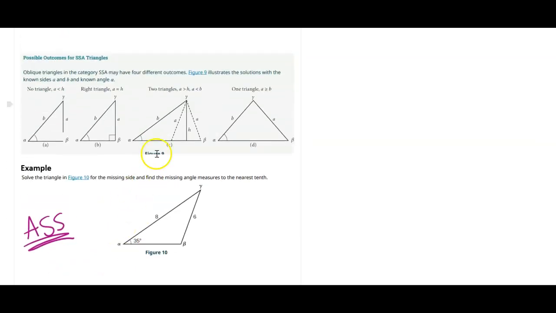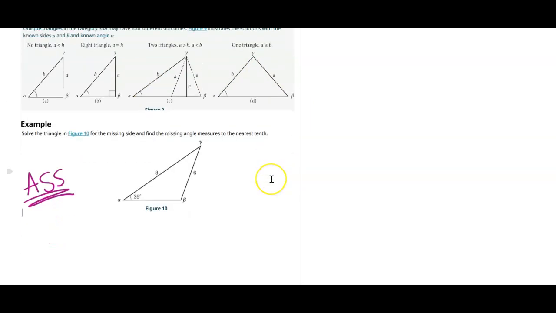It is possible that you end up having a right triangle if that side A is the same as the perpendicular height of the triangle. If it's less than the height, then you have nothing. But the pain here is when it's less than B but greater than the height, because if it's bigger than B, we just have one triangle.